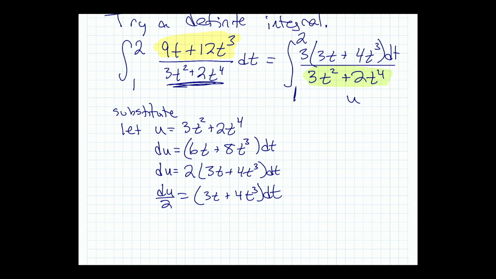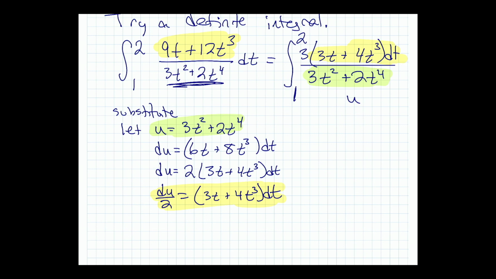And we should be able to make this substitution now, because we've got this right here, 3t plus 4t cubed, that matches this right here, right? Everything except that 3. So we have the bottom, which is u, and then we have the top, which is du over 2, just with an extra 3 there, right?